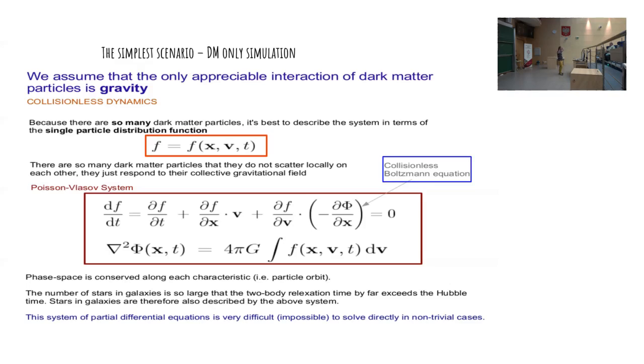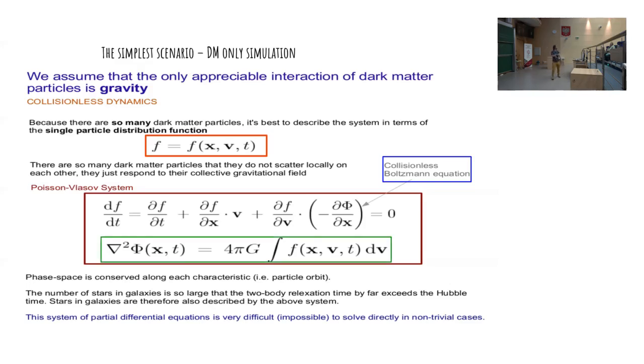And of course, you have the different phase space elements as well. The phase space elements we're going to call characteristics. They are particle orbits, and the phase space density is always conserved along the particle orbit, which is called the characteristic of this equation. But you also need to solve, of course, the Poisson equation to generate self-gravity, and this is this part.